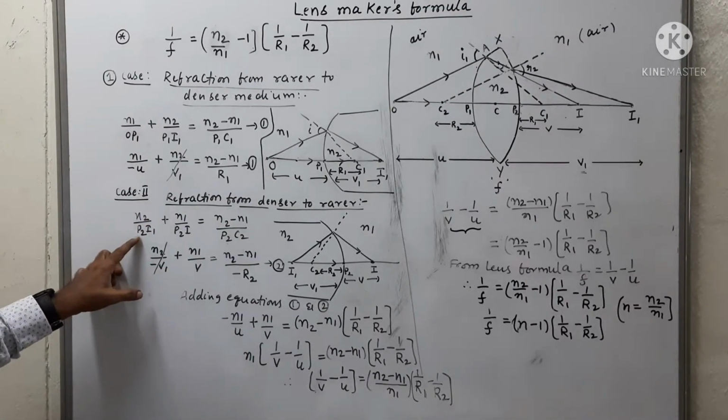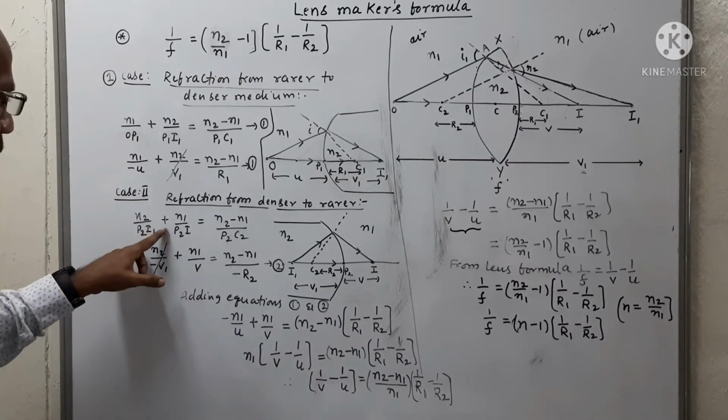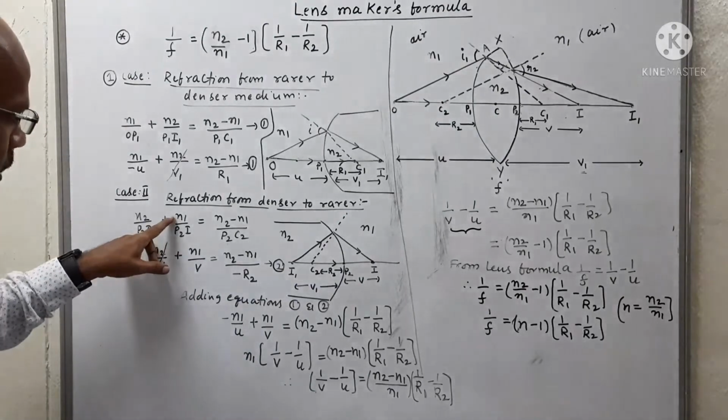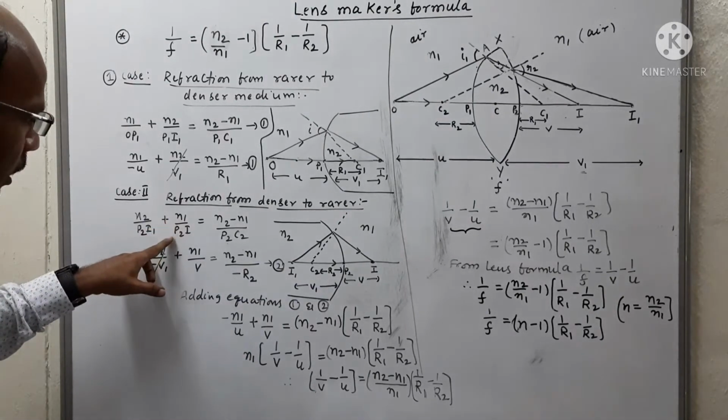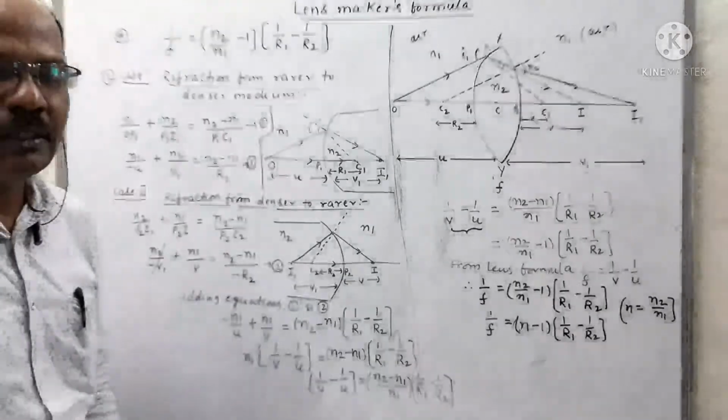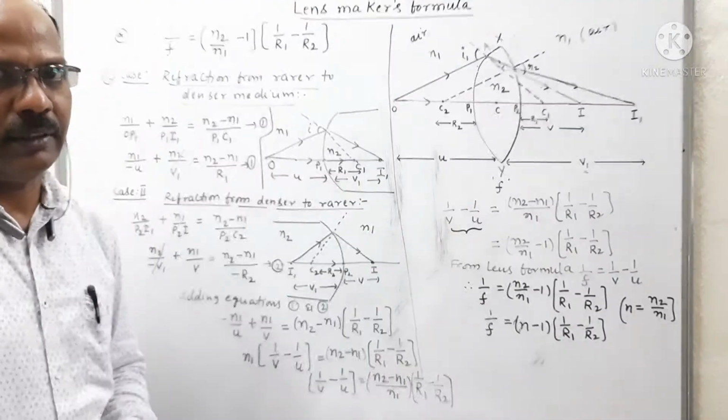N2 by the object distance plus, where the image is formed in the rarer medium, the refractive index of the rarer medium N1 by the image distance, is equal to (N2 minus N1) by the radius of curvature.